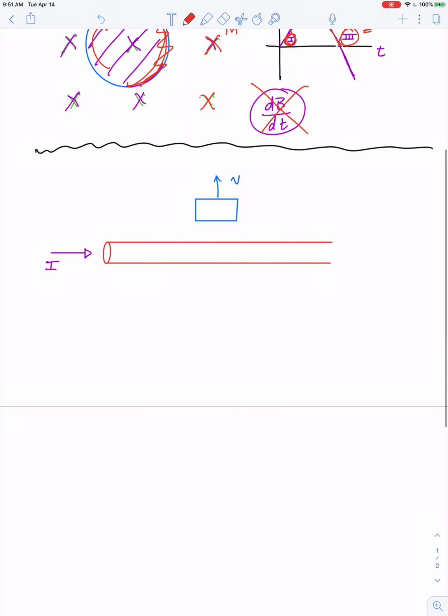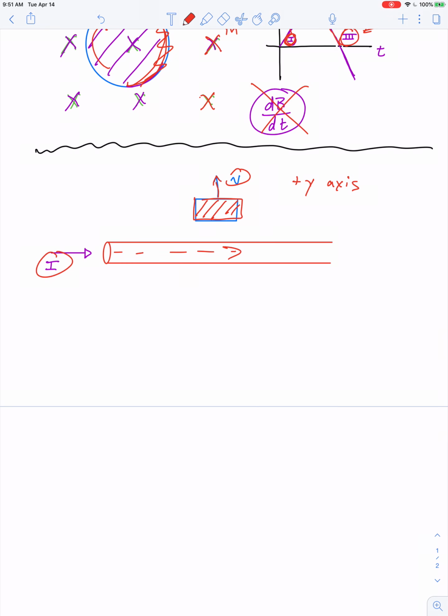Okay, then we saw another problem where there was a steady amount of current flowing to the right through this wire, and then a loop of wire was pulled with a constant velocity along the positive y-axis. So right now there's a little bit of magnetic flux pointing out of the page, right?